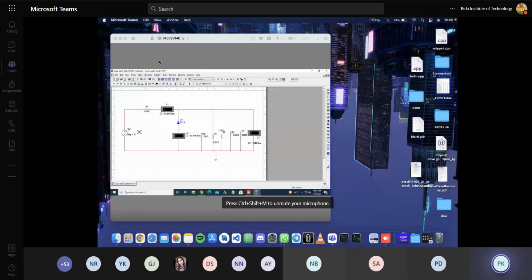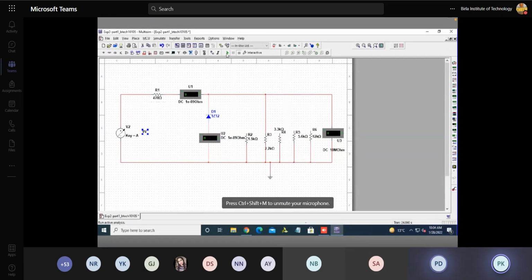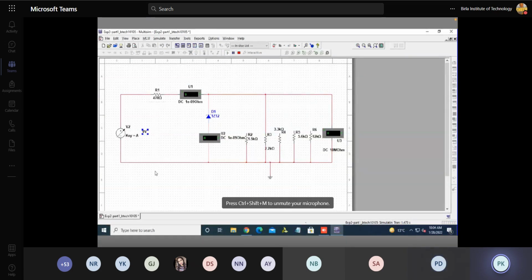Is it visible? Yeah. This is experiment number 3. Is it correct? Experiment 1, 2 you have already shown in the previous class. Okay. As I'm changing the voltage, the output is also changing. So this Zener diode is having how much voltage? 12 volt.